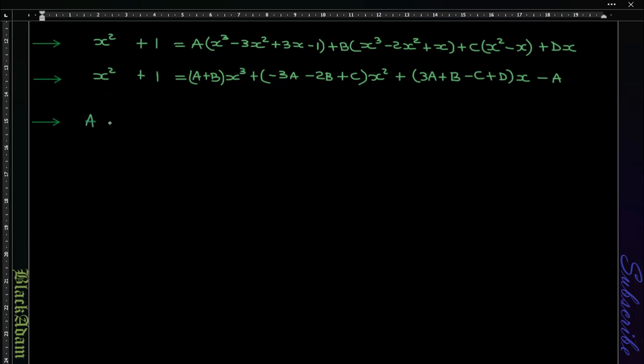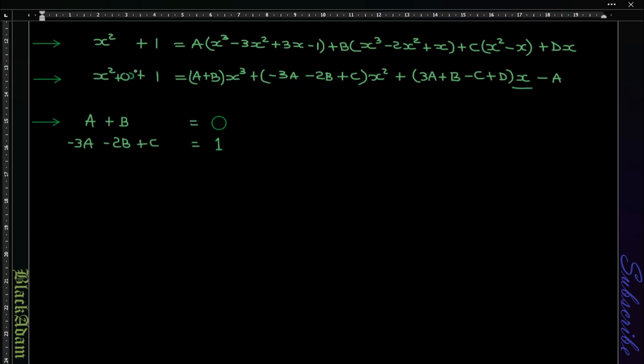Now we know that a plus b is going to give us 0. And then for x squared there, the coefficient has to be 1, so minus 3a minus 2b plus c is equal to 1.